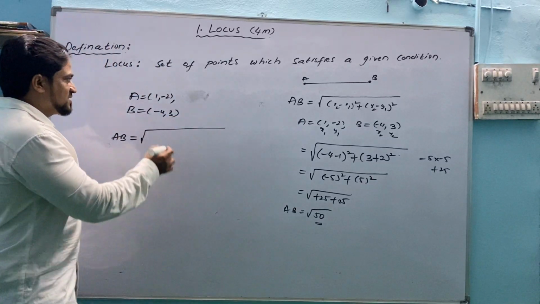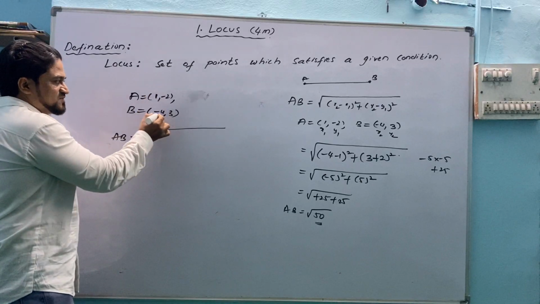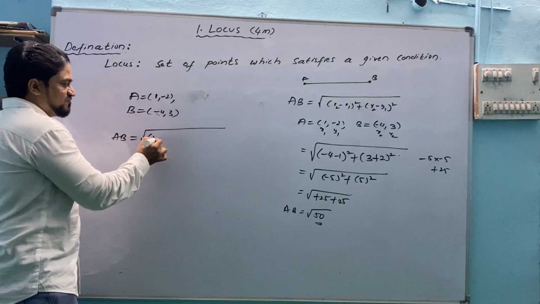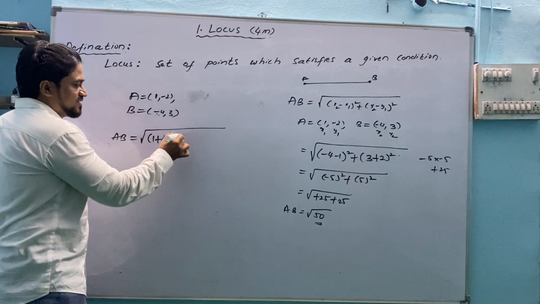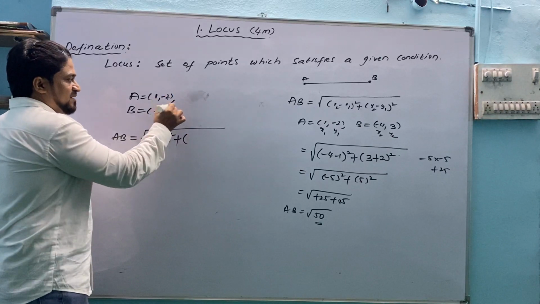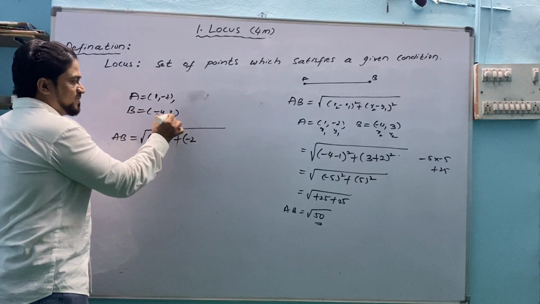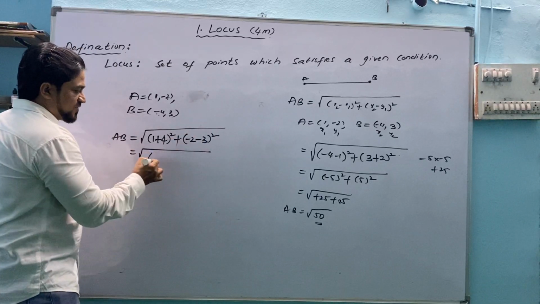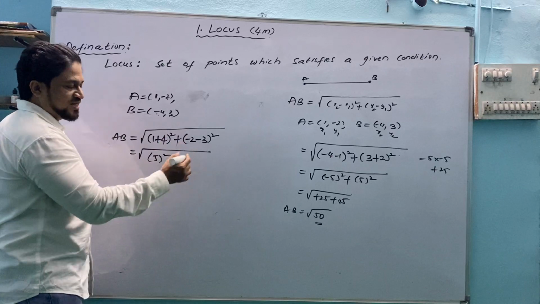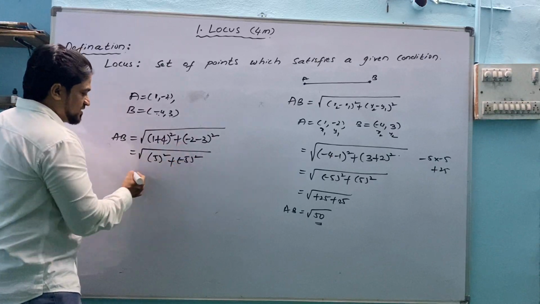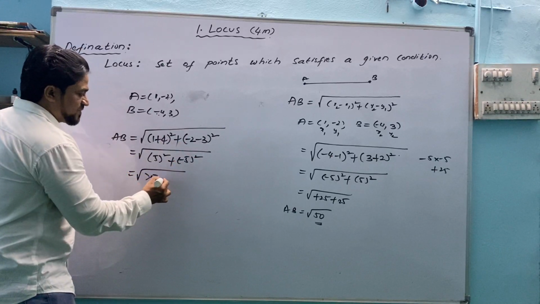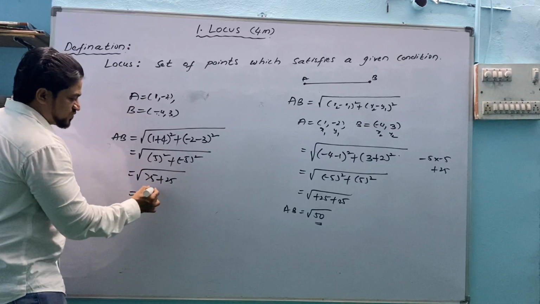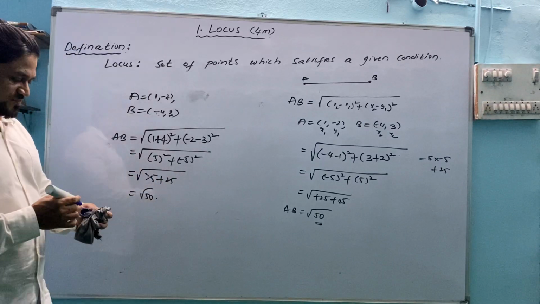Just what you have to do is first minus first whole square, 1 minus of minus 4, plus 4 whole square, plus second minus second whole square, minus 3 whole square. Now this is root over 1 plus 4 is 5 square, minus 2 minus 3 is minus 5 square. So this is root over 25 plus 25. This is root 50.